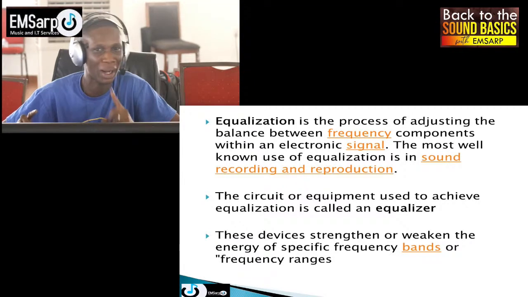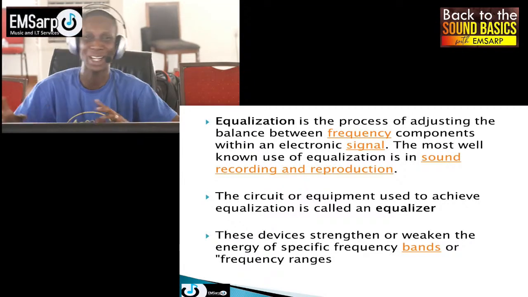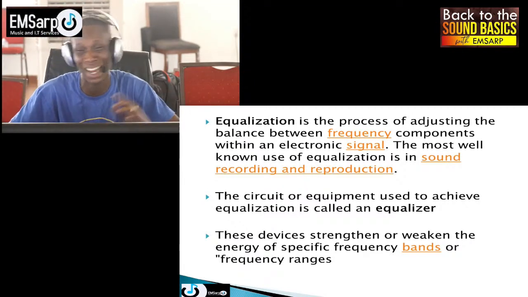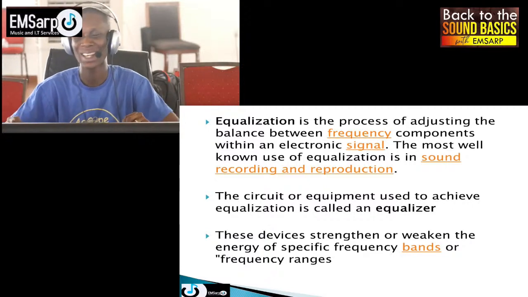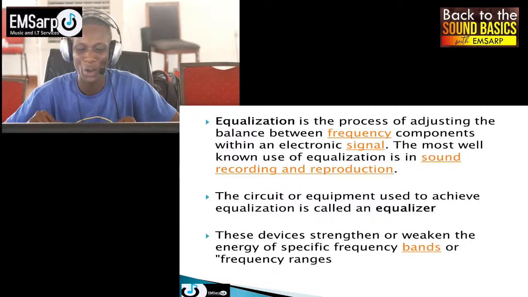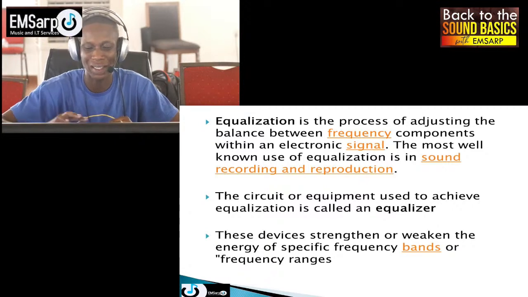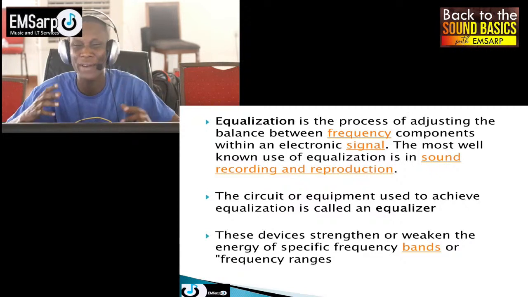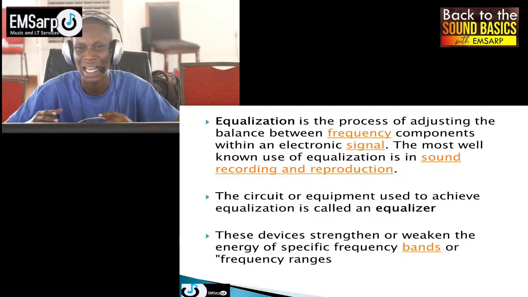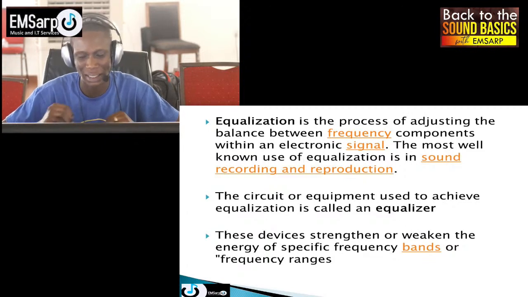One day we will talk about balancing, because there are different kinds of balance: the tonal balance, the dynamic balance, the harmonic balance. So today we are limiting ourselves to equalization, how we can get a balanced sound so that the frequencies that interfere with each other can either be boosted or be cut down, attenuated.